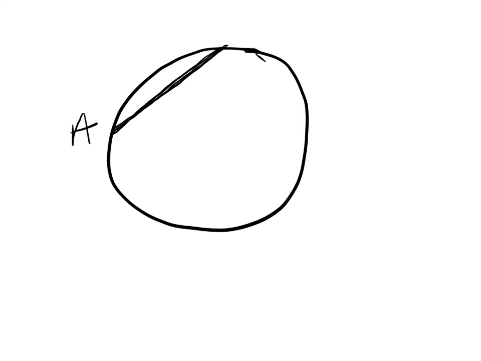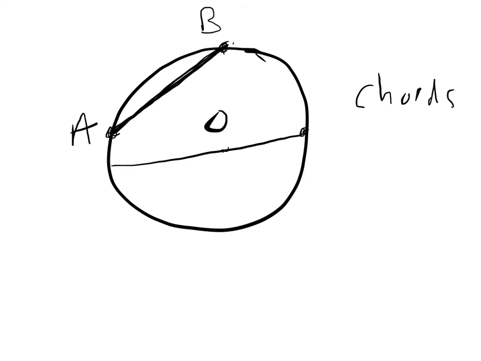For now, we're going to talk about chords. Chords simply run from a point on the circle to a second point on the circle, and the segment formed has its endpoints on the circle. That's called a chord. We have a special type of chord. If a chord passes through the center of a circle, that special chord is called a diameter.